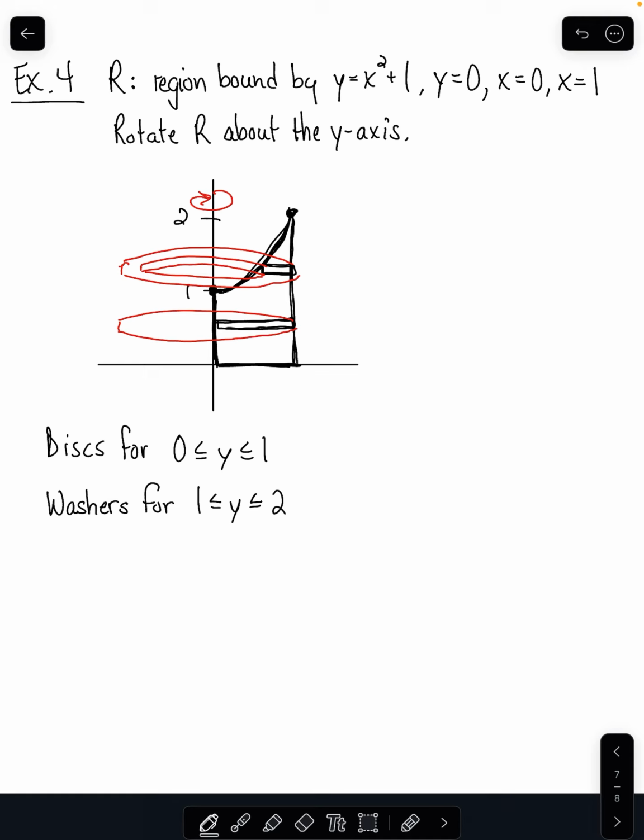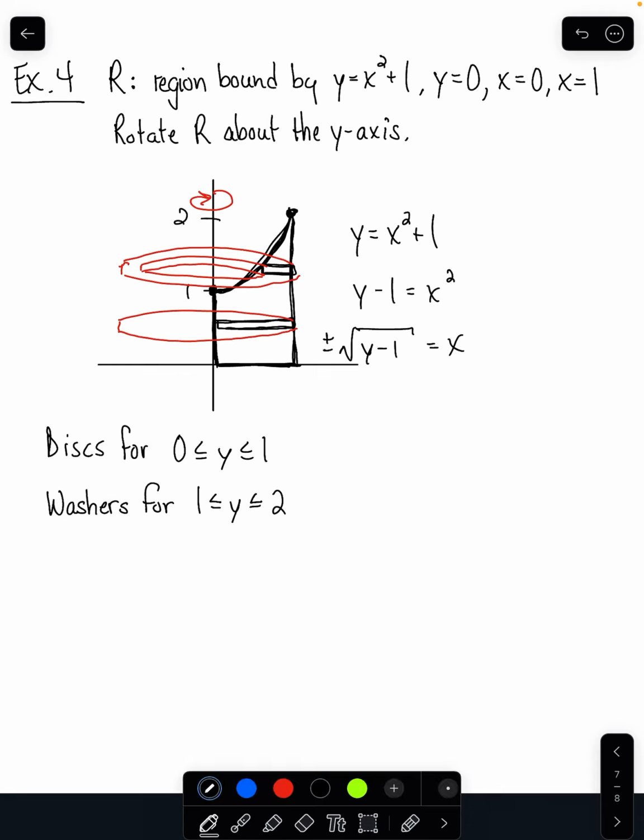The reason being that we have an inner radius when y is between 1 and 2, and that inner radius is given by the function y equals x squared plus 1, which we will have to invert. A square root here, which will result in a plus or minus, but because we are looking at a region where x is entirely positive, we can drop the negative sign.